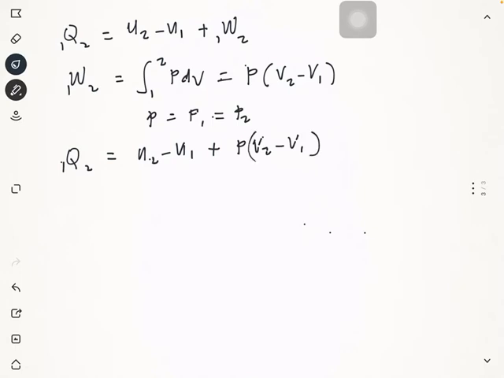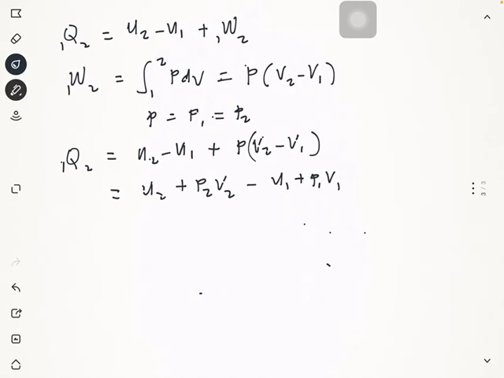Okay, so here this is U2 plus P2 V2 minus U1 plus P1 V1.